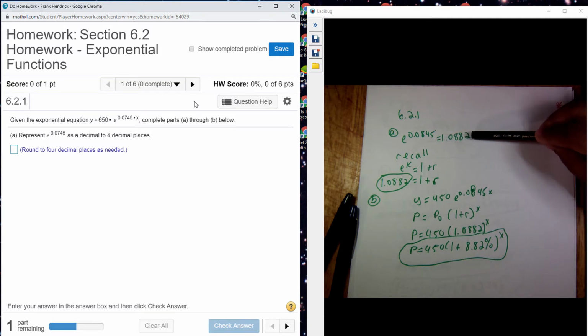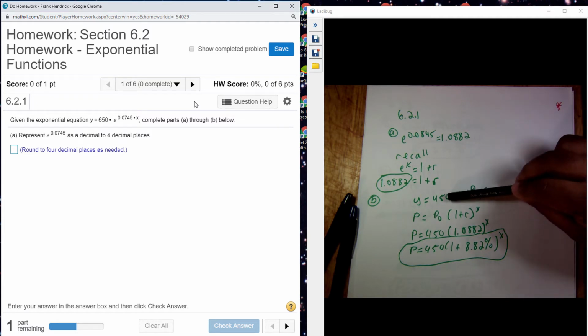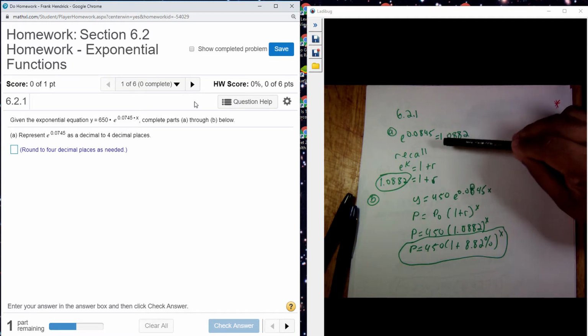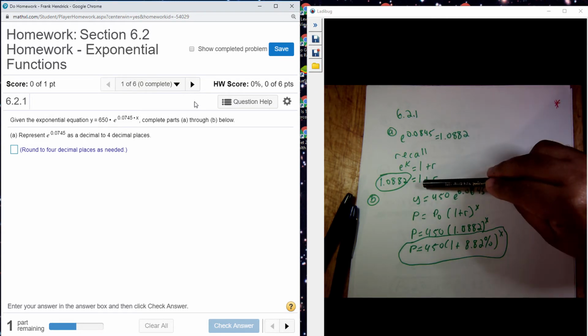You can find the actual value here. And recall here that e to the k is the same thing as 1 plus r.